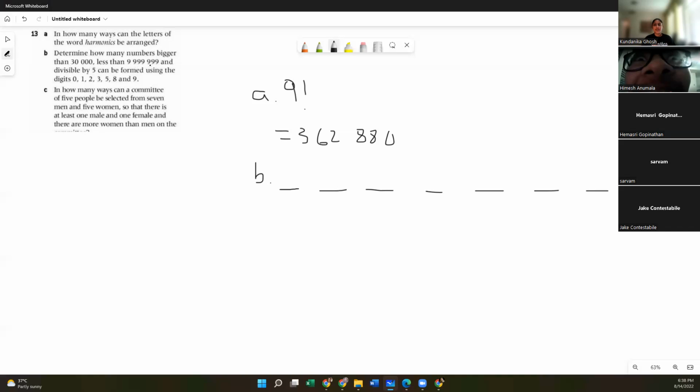You can have numbers that are 6 digits long, because 6 digits is in between 7 digits and 5 digits. Or you can have a number that is 7 digits long, because 9,999,999 is 7 digits long.